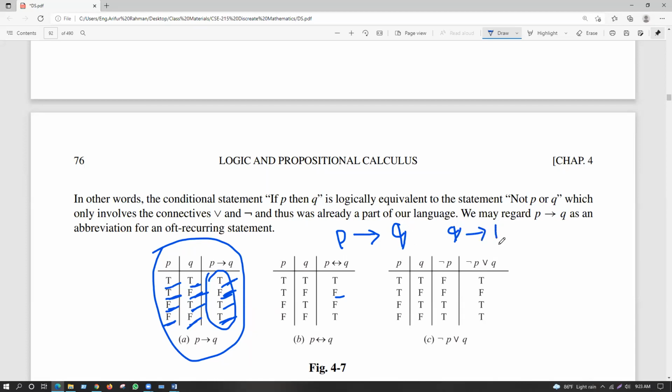So these two things hold together: P if and only if Q. So when both are the same, then the thing is true. When the two are different, the thing is false.